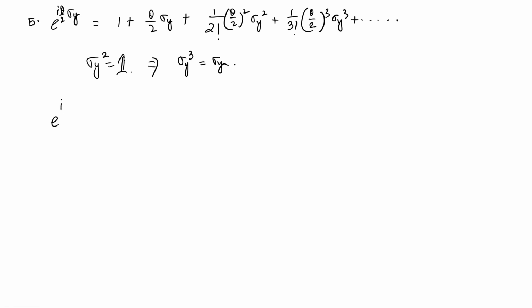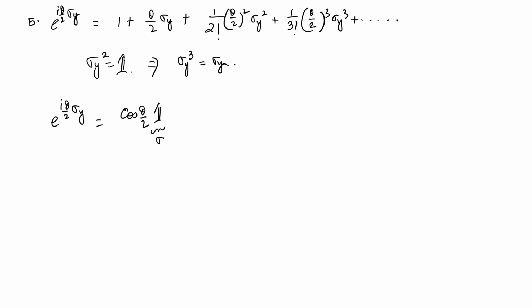So in this exponential, the even powers combine to give the expansion of cosine, so cosine theta by 2 multiplied by 1.